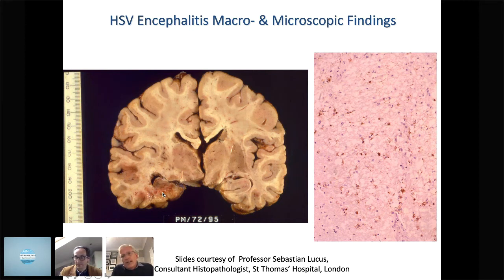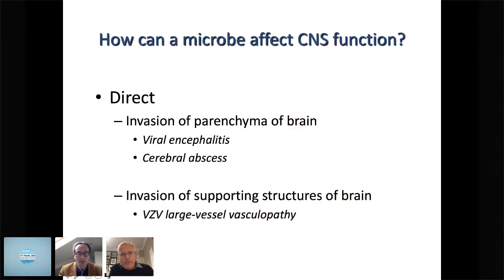On the right, you can see immunohistochemical staining in brown for herpes simplex antigen within the substance of the brain tissue, demonstrating that not only is there inflammation there, the hallmark of encephalitis, but also the presence of an organism. So this is very definitely an infectious process.